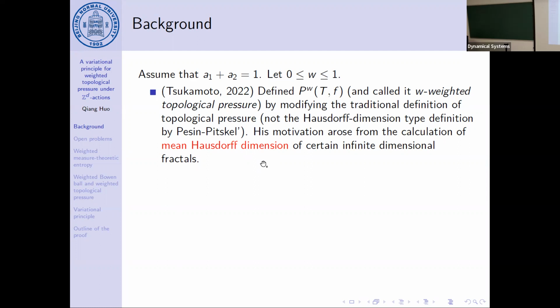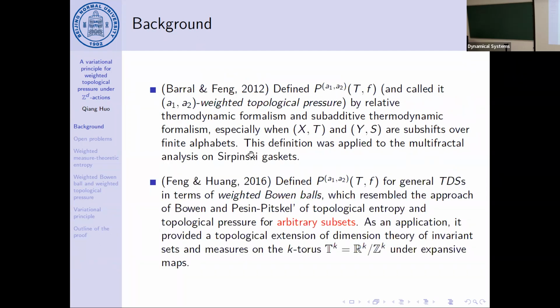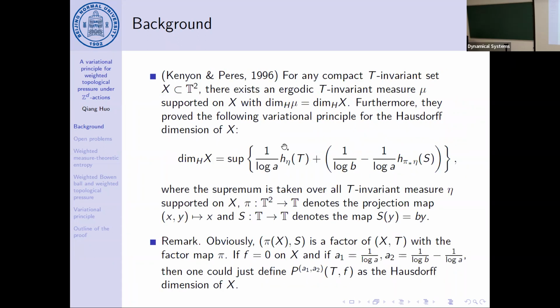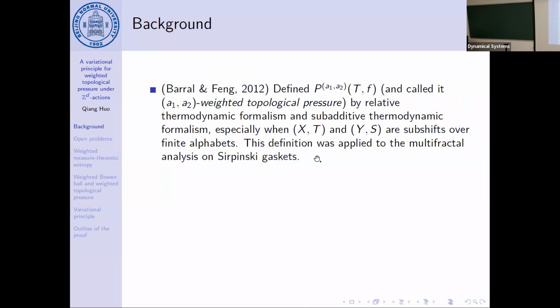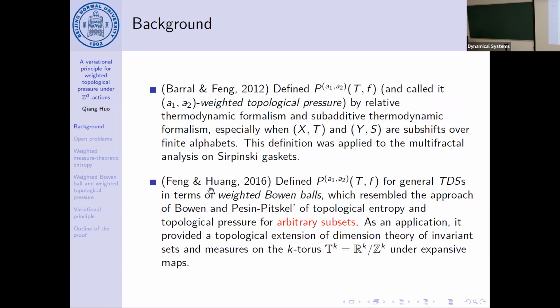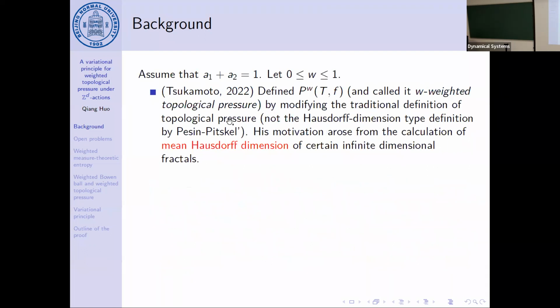So so far I have introduced four methods to give an answer to the question. The first is by Pena and Paris for torus dynamical systems, and the second is by Barral and Feng, especially for subshifts, and the third is by Feng and Huang in terms of weighted Bowen balls, and the fourth is by Tsukamoto.